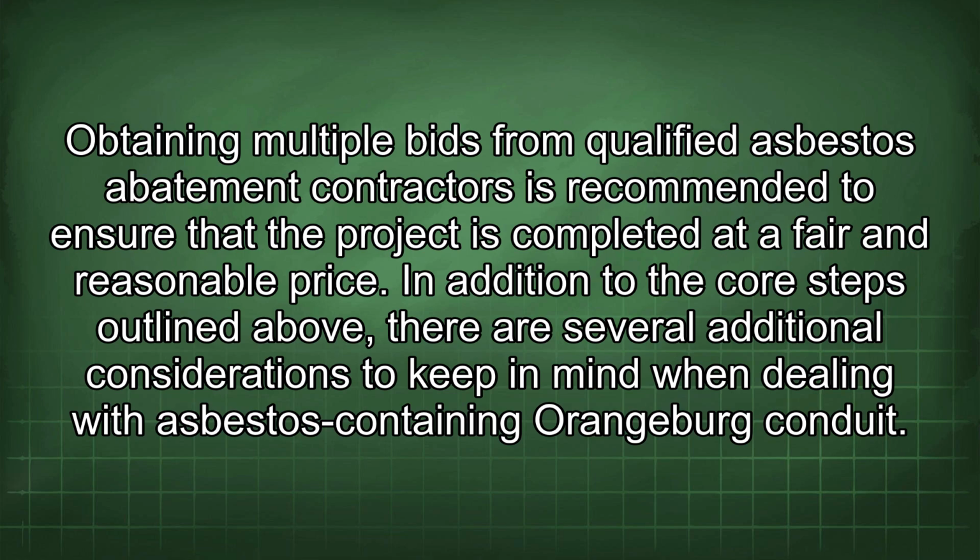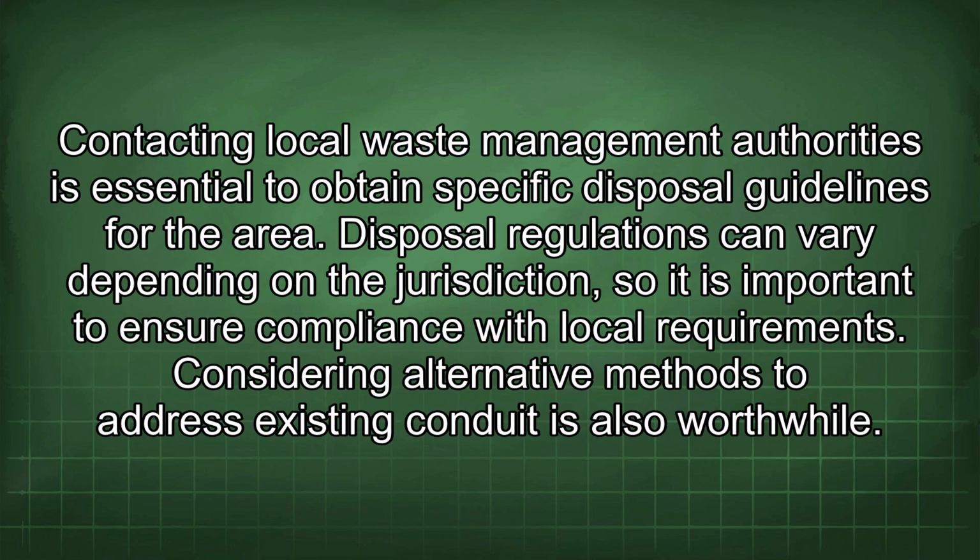In addition to the core steps outlined above, there are several additional considerations to keep in mind when dealing with asbestos-containing Orangeburg Conduit. Contacting local waste management authorities is essential to obtain specific disposal guidelines for the area. Disposal regulations can vary depending on the jurisdiction, so it is important to ensure compliance with local requirements.